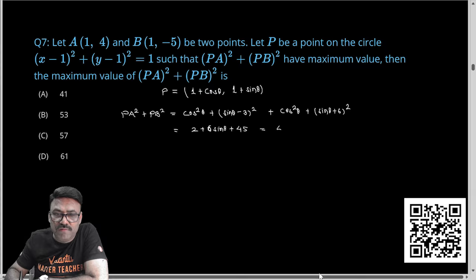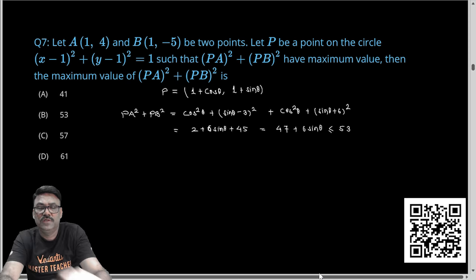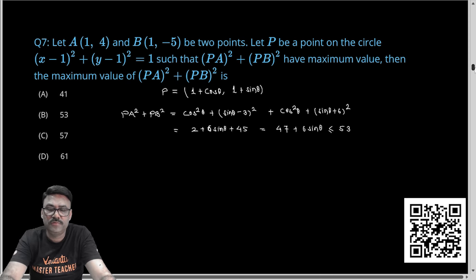So basically it is 47 plus 6 sin theta. And sin theta is maximum 1. So of course it is less than or equal to 53. So the maximum value will be 53 here. Means option B should be the correct option, right?